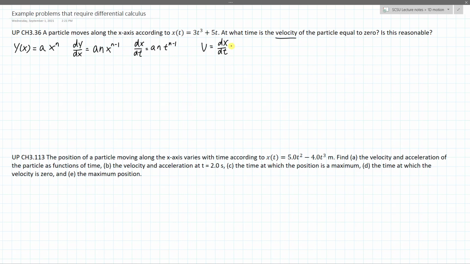You have to take a limit: the limit of delta x over delta t as delta t approaches 0. Essentially, we are saying that dx over dt, the derivative of x with respect to t, is velocity.